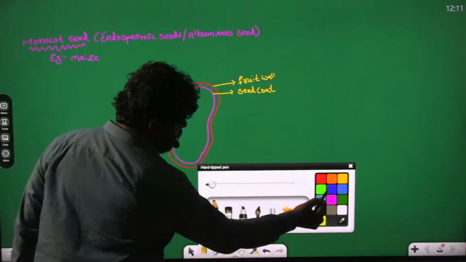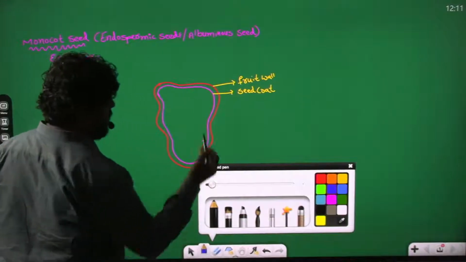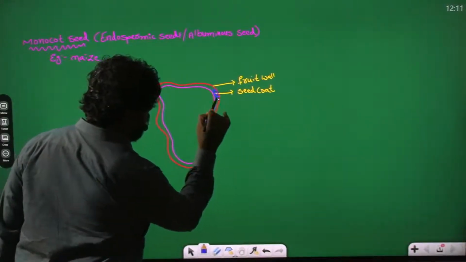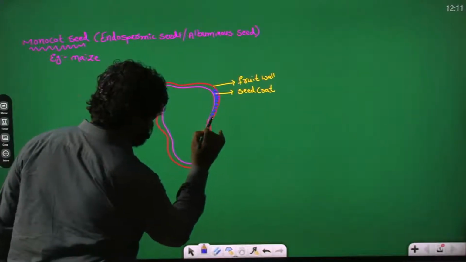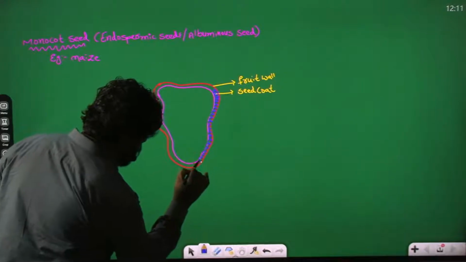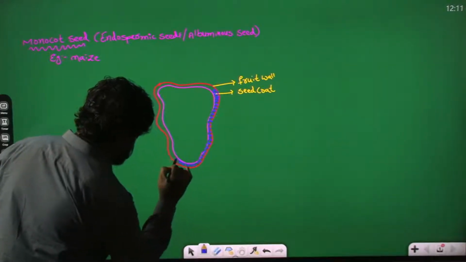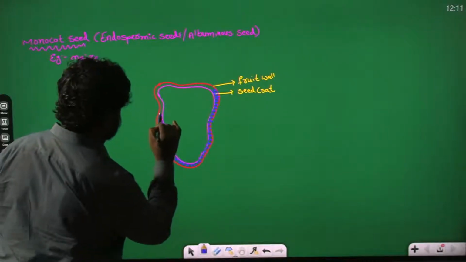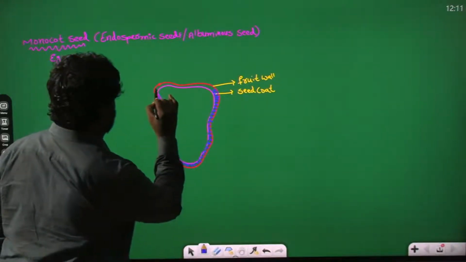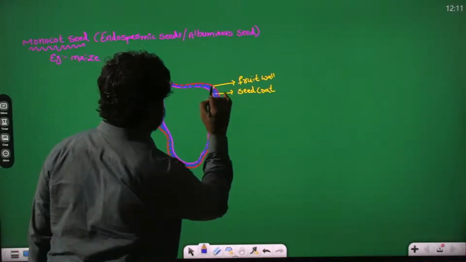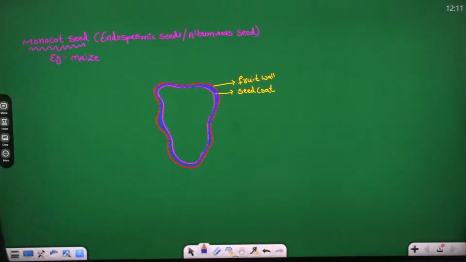In the monocot seed, the fruit wall and seed coat are both fused with each other, not separated, tightly attached like this.